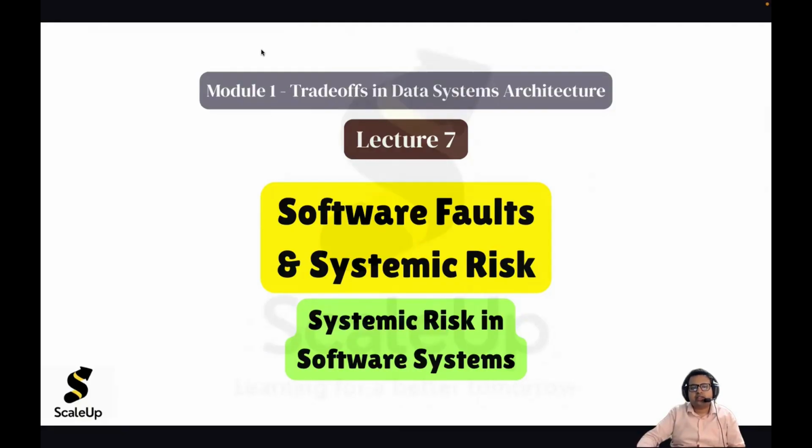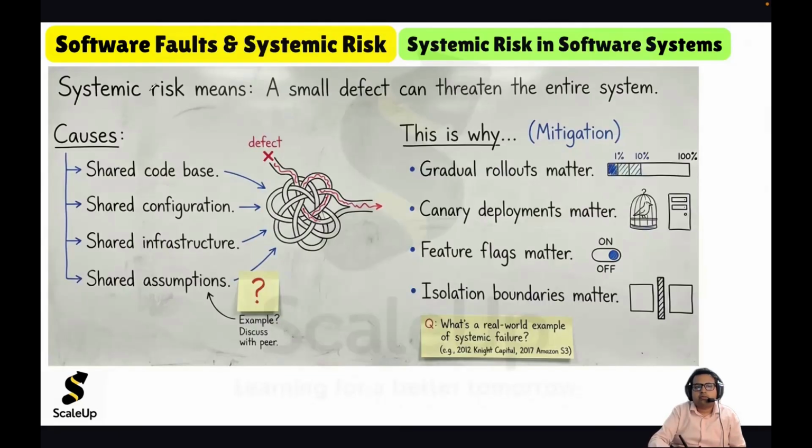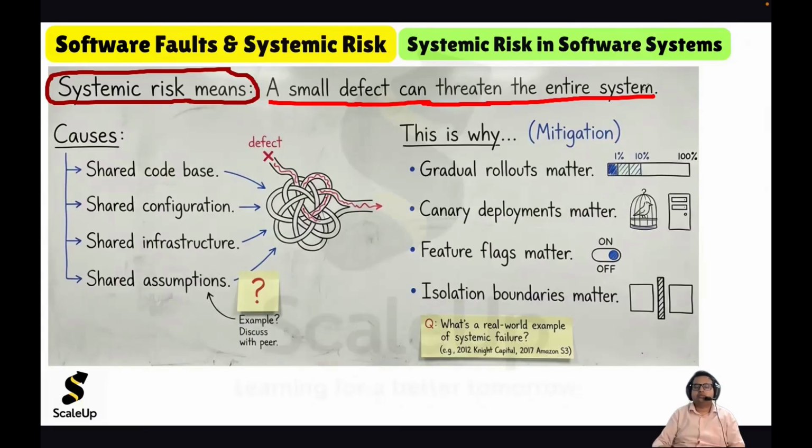Systemic risk in software systems. Systemic risk means a small defect can threaten the entire system. Now, what are the causes of systemic risk? Shared code base.